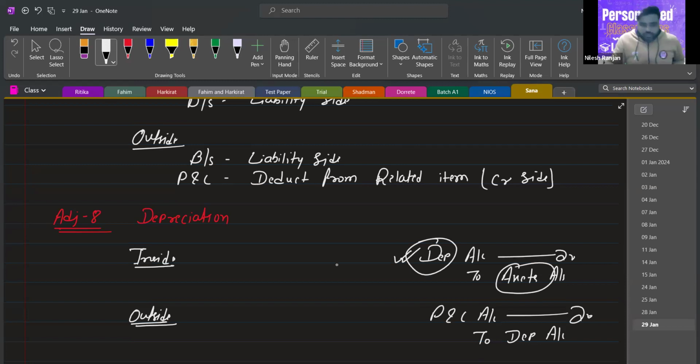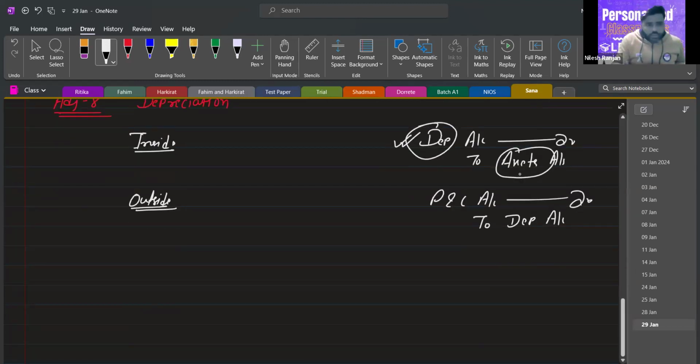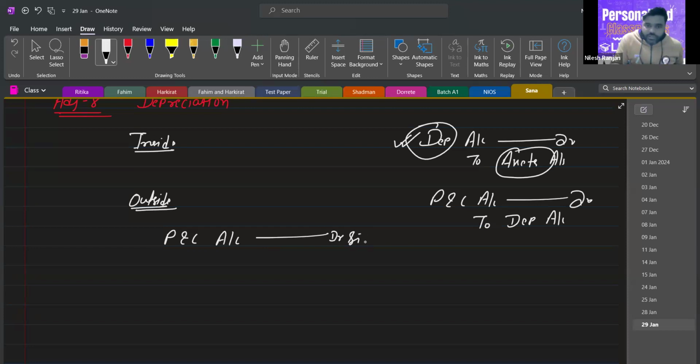So if it is outside, then we have to write it in two places. One is the profit and loss account debit side, and the other is the balance sheet, deducted from the related asset.